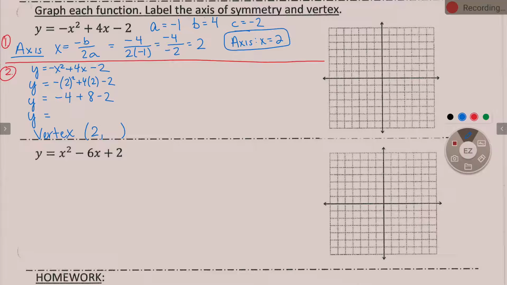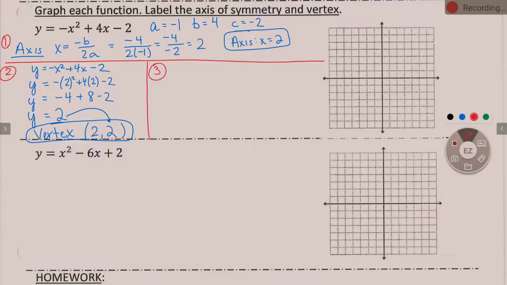Negative 4 plus 8 minus 2 is 2. And what do we do with that 2? It goes in the other piece. So we have a vertex of 2, 2.